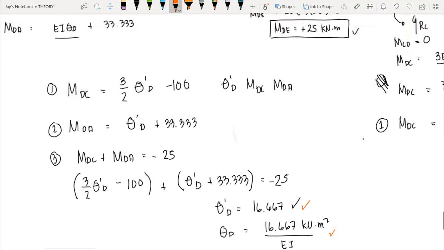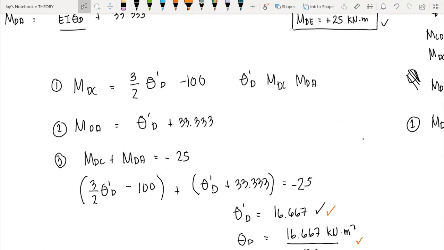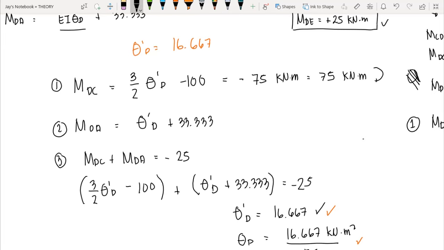So we substitute that value in the equation. Again, we have theta prime D equals positive 16.667. So we can compute MDC here, which is negative 75 kilonewton meter. Now that is negative, so therefore this has a clockwise rotation.